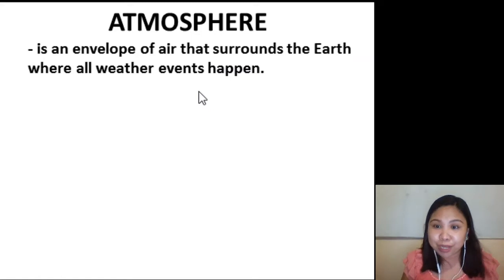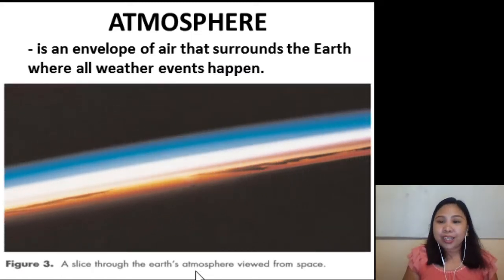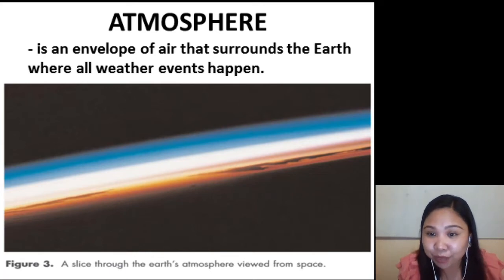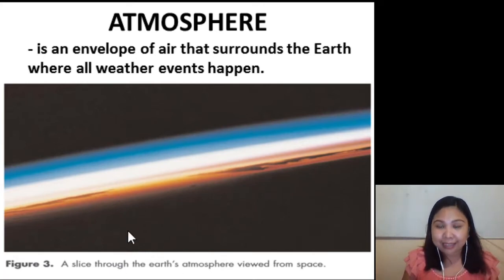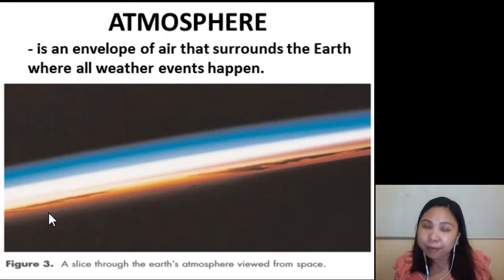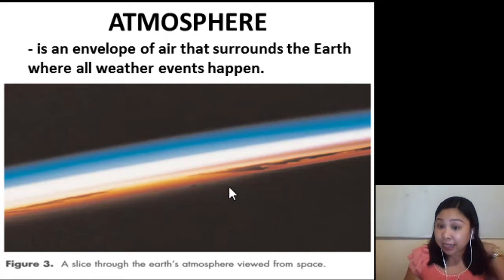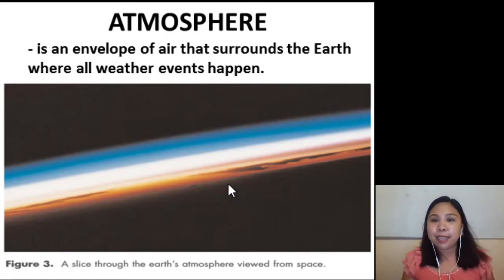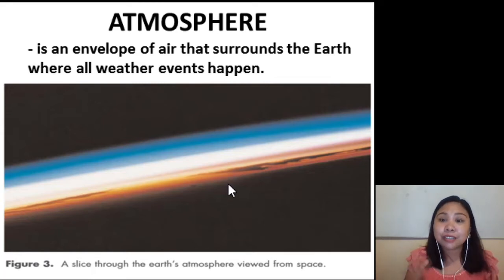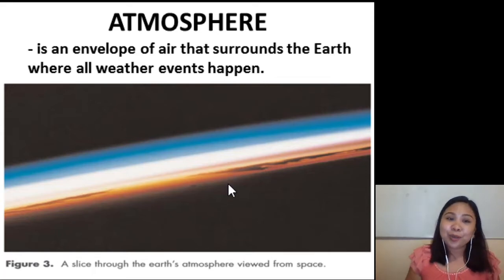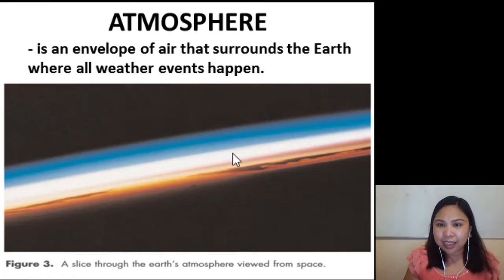And to give you a picture, a slice, ayan, I have here a picture. Okay, this is a slice through the Earth's atmosphere viewed from space. So, para siyang prism, 'di ba? Ang prism, it's a glass na kapag tinatamaan ng light, okay, nare-refract niya yung light, okay? So, it's just like a glass kasi 'di ba?